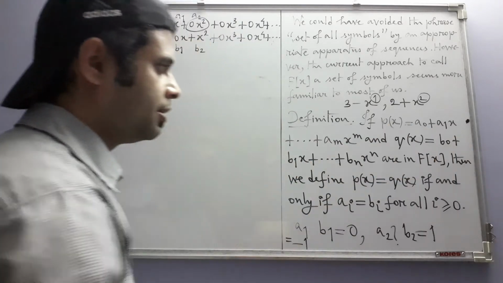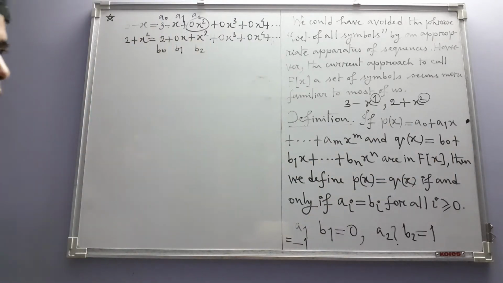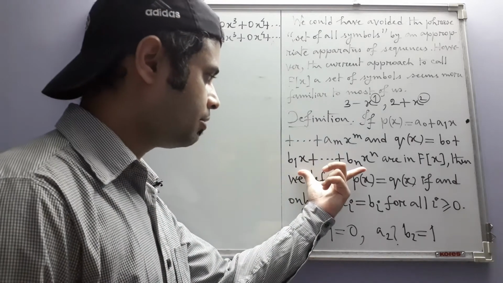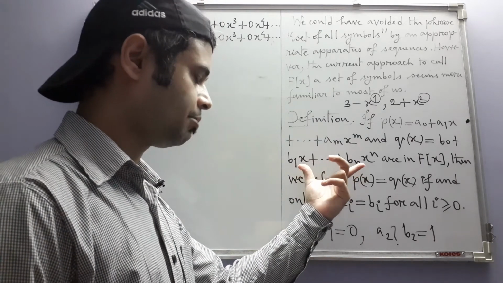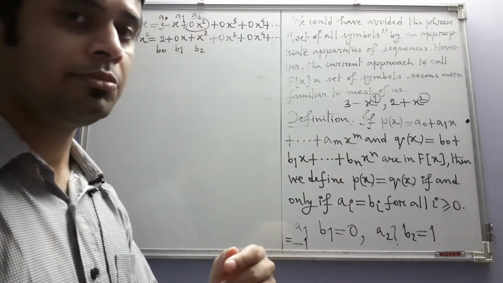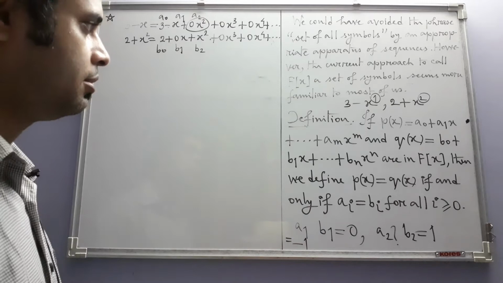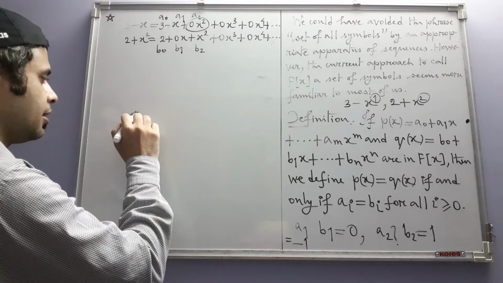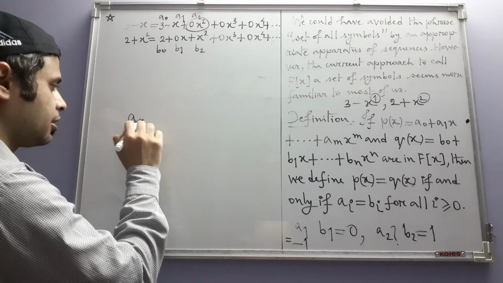Here also we have infinitely many terms, and because a polynomial looks like an expression of this form where things seem to end, that's why you can define a polynomial as an expression that looks like this.